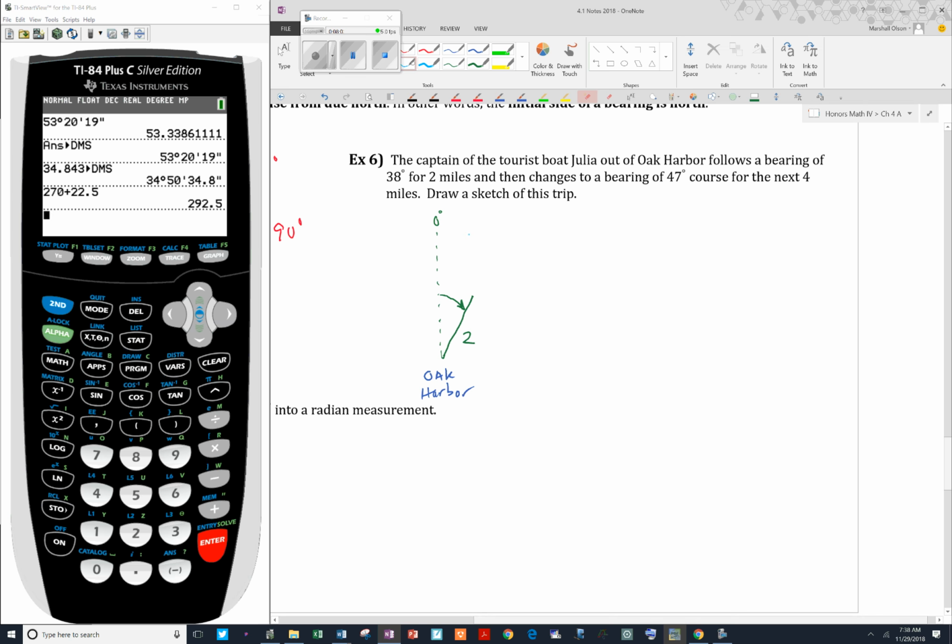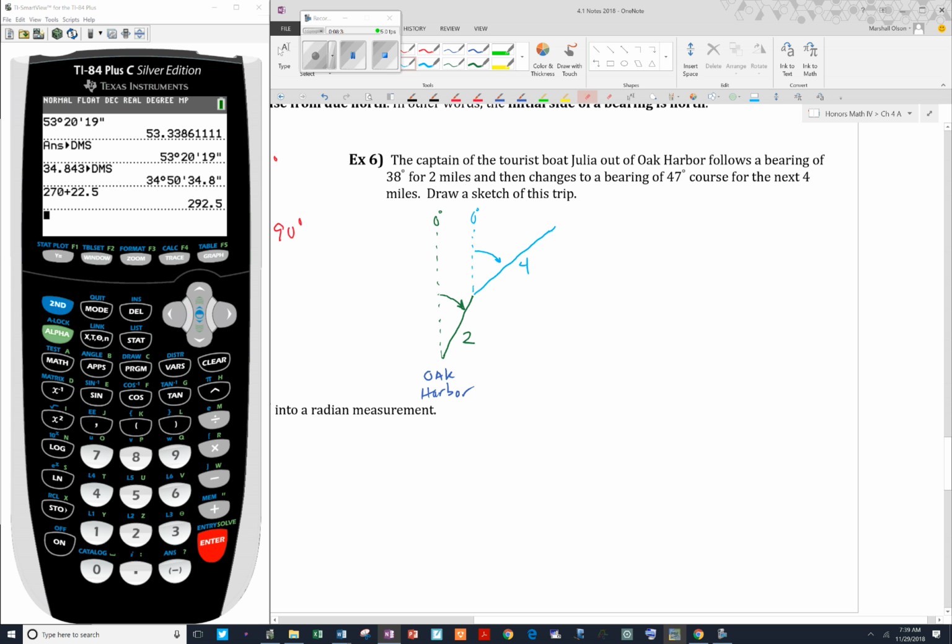Now from that spot, I'm going to call that 0, and you don't have to put that 0 degrees; I like to do that for this example. But now he's going to go on a bearing of 47 degrees. Should be a little bit further, so my angle is going to be a little bit sharper. The other important thing is that we try to make that second line twice as long as the first line to give some distance, because he went 2 miles the first time, 4 miles the second time.